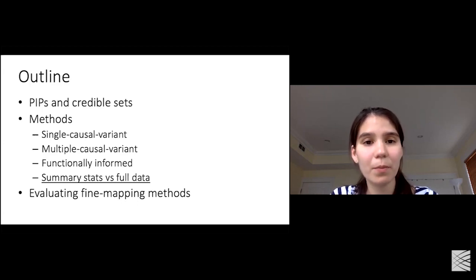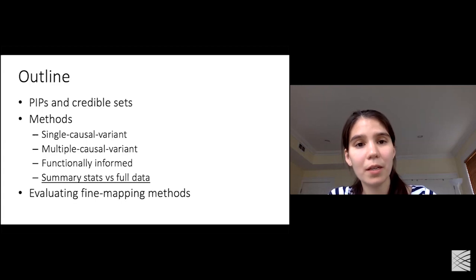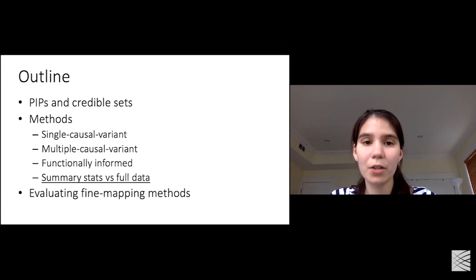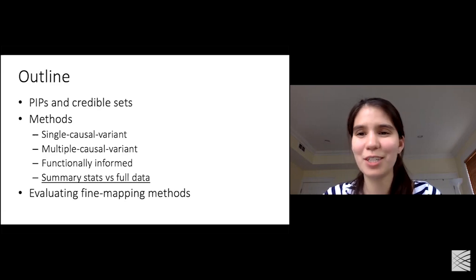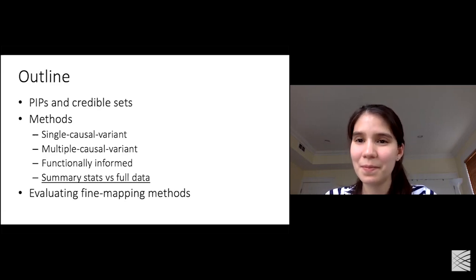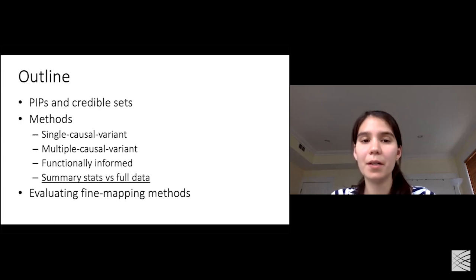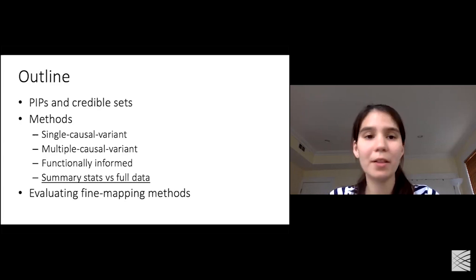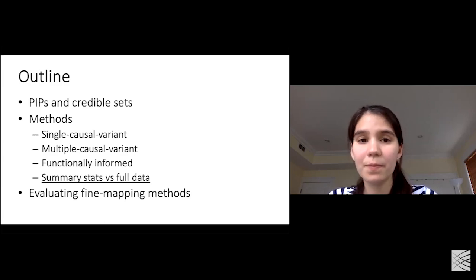My understanding is the default for PolyFun is not cell type specific, and that it uses annotations that don't correspond to a particular phenotype, which makes it pretty widely applicable to polygenic phenotypes where you can get good enrichment estimates. I don't know if Omer's on the call, but if he is, then he should feel free to chime in. And then do those annotations include features like promoters and enhancers? Yeah. Coding is just one example, but depending on which method you're looking at, there's typically a large number of annotations that can be incorporated.